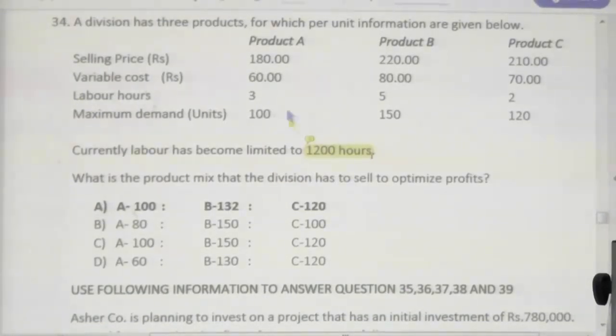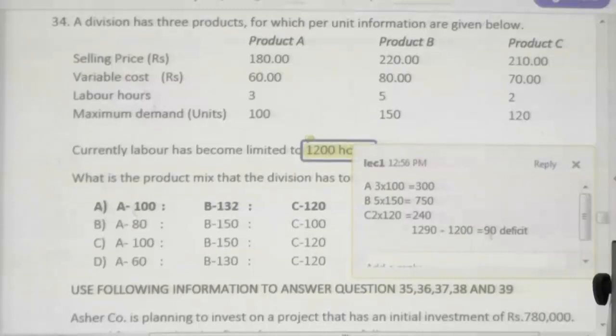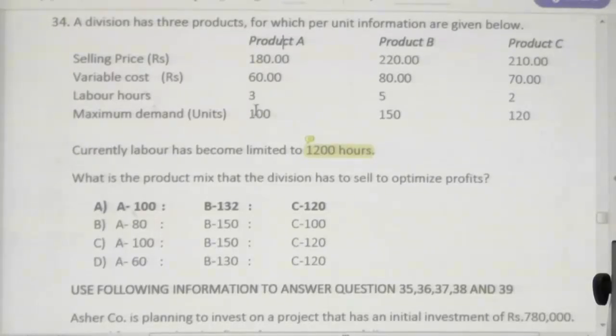Then you know the number 2 is A. Since the deficit is only 90, now we have calculated here, deficit only 90 units, we can produce the entire amount of A, the number 2, that is 100.